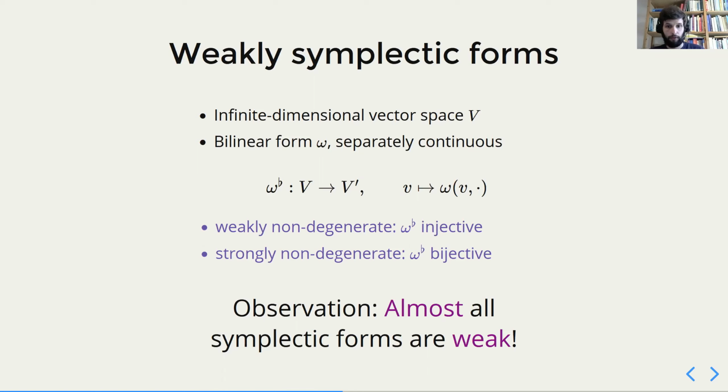But it turns out that in infinite dimensions, almost none of the symplectic forms are non-degenerate in this really strong sense. So it makes sense to differentiate between symplectic forms that are only weakly non-degenerate, in the sense that you require omega flat to be injective, and this stronger notion of symplectic forms for which you require that omega flat is actually bijective, as in finite dimensions.